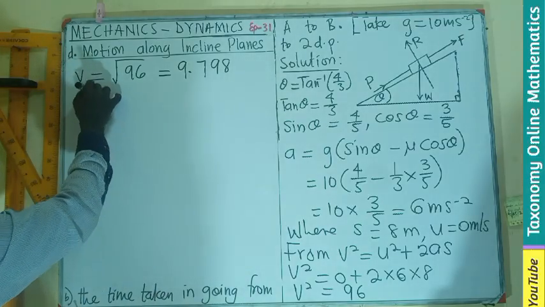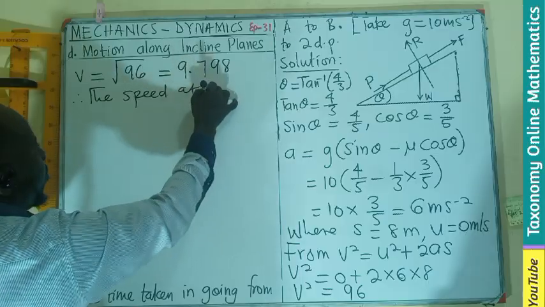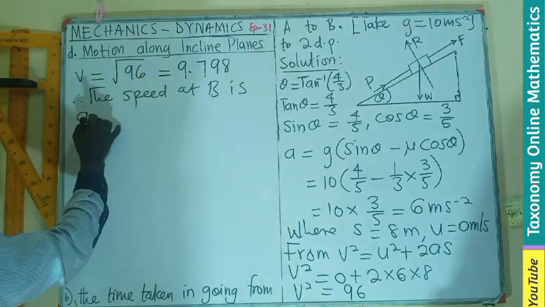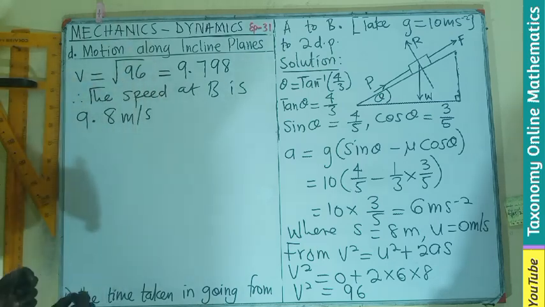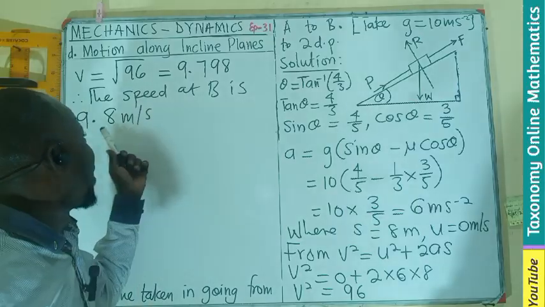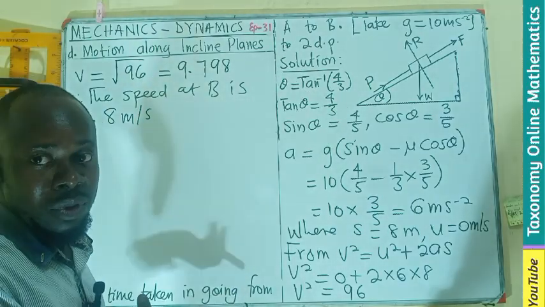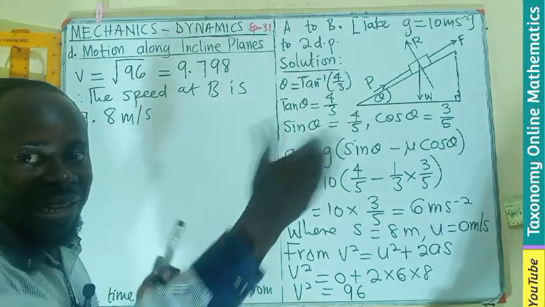So therefore, the speed at B is going to be 9.8 meters per second, to 1 decimal place. So let's go for the second one. This is the speed at which it will get to B, not necessarily the bottom. We don't know where B is. B is just 8 meters away from the starting point.